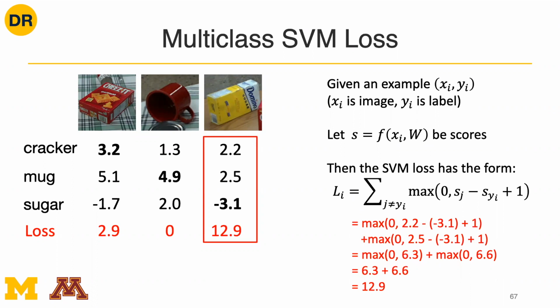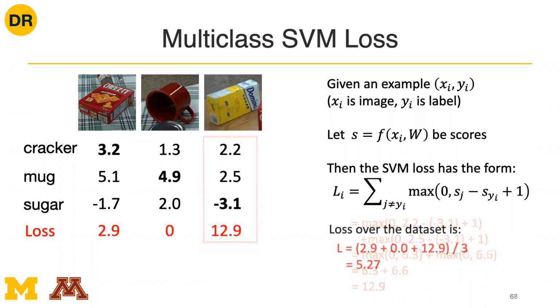So you get that contributing to your loss. And the same thing with the other value as well. So this actually has a higher loss as opposed to the other two labels. So the overall loss for this data set, I'm talking about these three images being in your training data, you will get this particular loss.